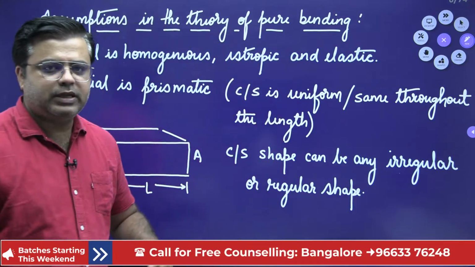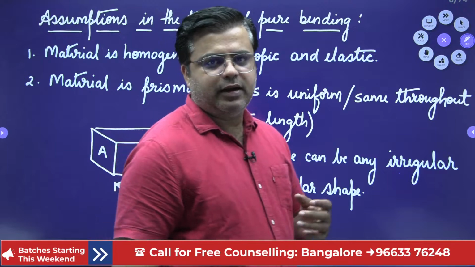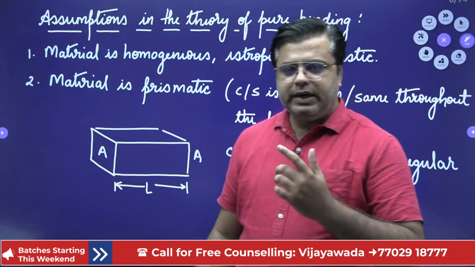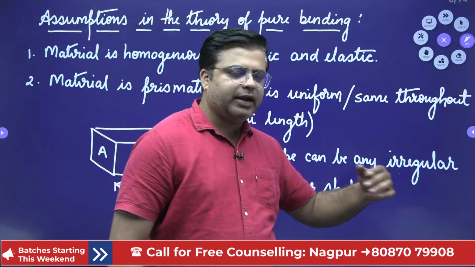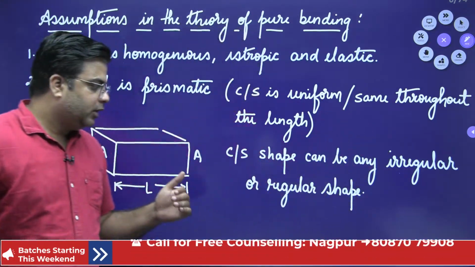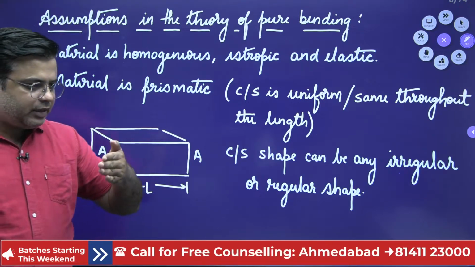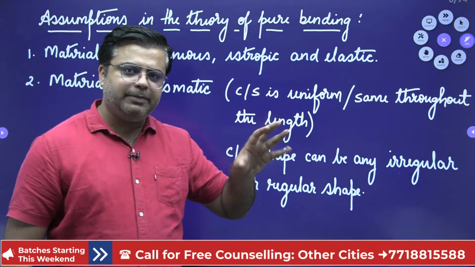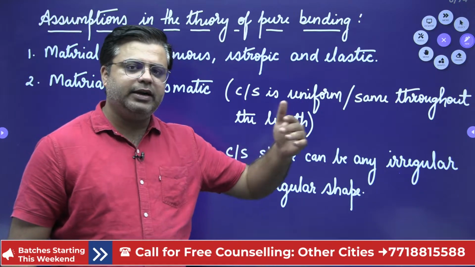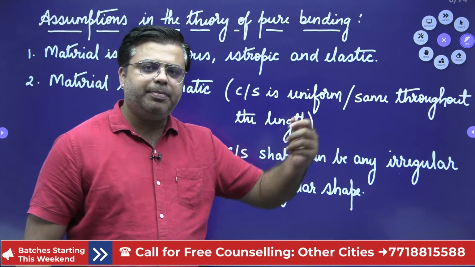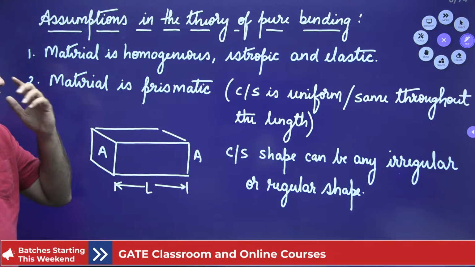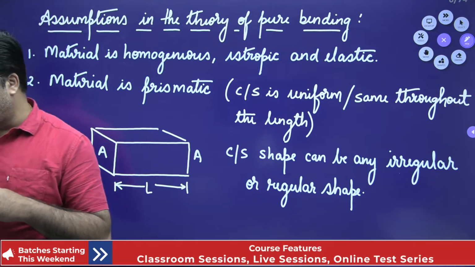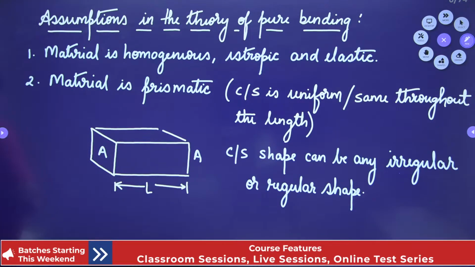So normal shapes like square, rectangle, circle, triangle, pentagon, hexagon, all these are regular shapes. Similarly, you have some irregular shapes also. Till the time the cross-sectional area is not changing, or the cross-sectional shape is not changing from the starting till the end of the member, that member will be classified as the prismatic member, right? So this is the second assumption. Material is homogeneous, isotropic and elastic, and the second one is your material is prismatic.